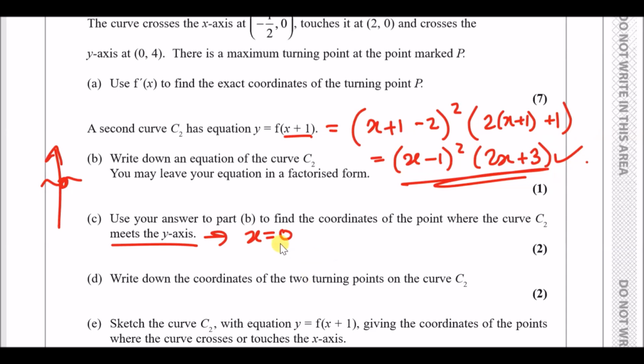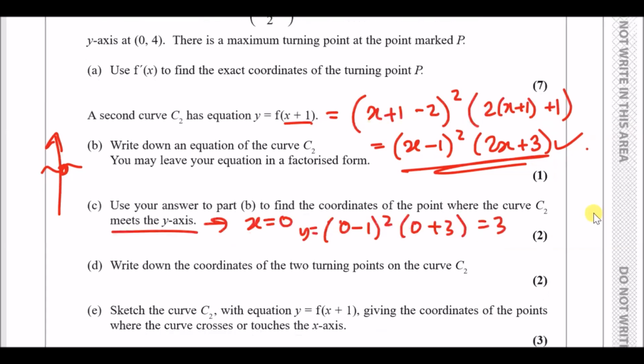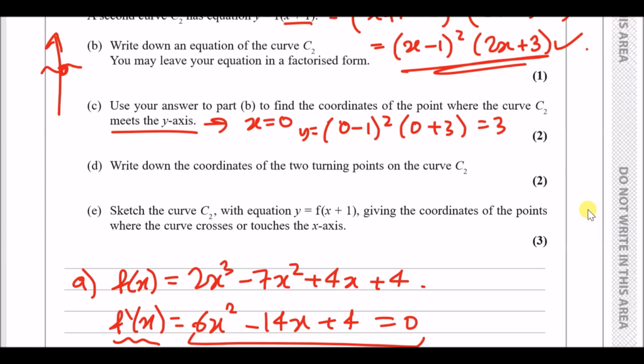So when x equals 0, you just plug into this equation here. So you're going to get y equals 0 minus 1 squared, and then 2 times 0, which is 0, plus 3. Putting this in the calculator, you should get a y coordinate of 3. So therefore, the coordinates of the point where curve C2 meets the y-axis is simply x is 0 and y is 3. Oof, this question is quite chill, isn't it?